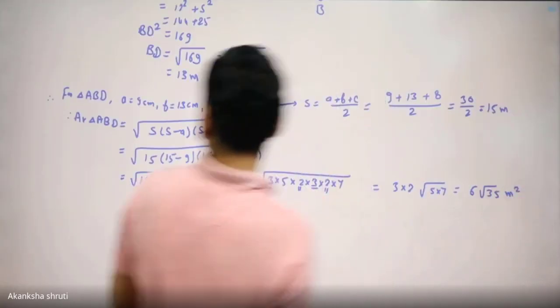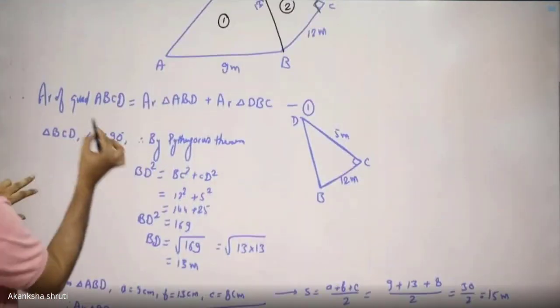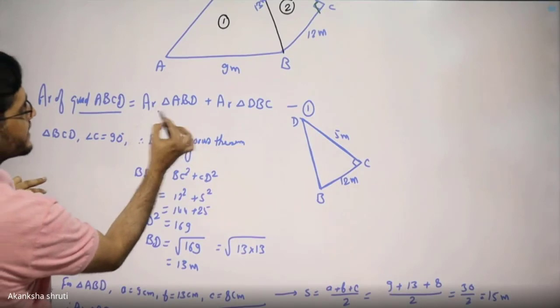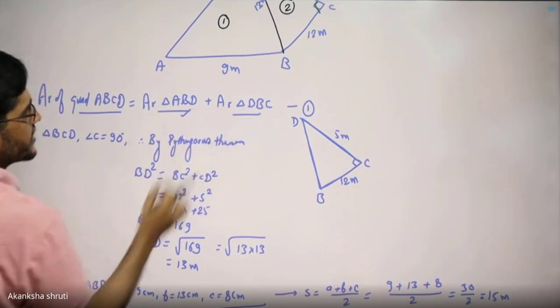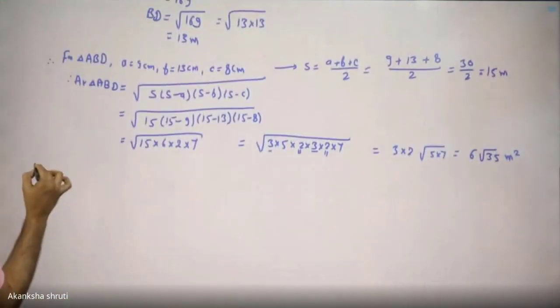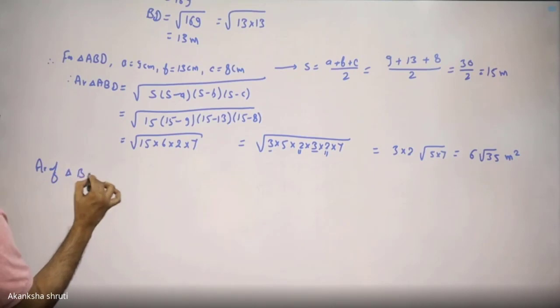Students, keep in mind, this is not our answer. This is just one part, because the required area is the area of this triangle plus this triangle. This we have calculated. So now we shall calculate this triangle. Students, the next one is the area of triangle BCD.